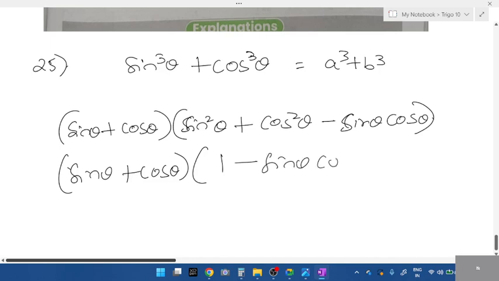For this, you'll get 1 mark. This is the meaning of factorization, students. Nothing different.